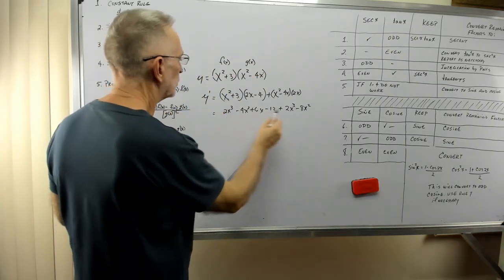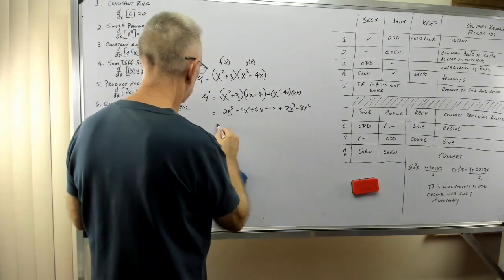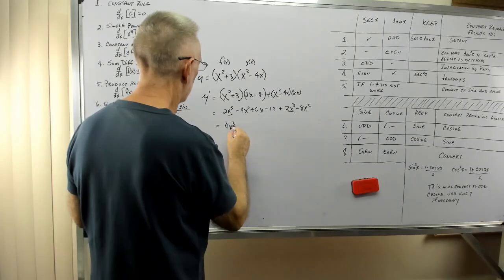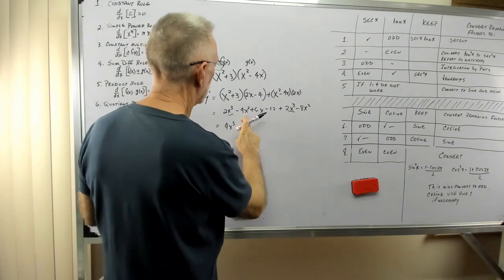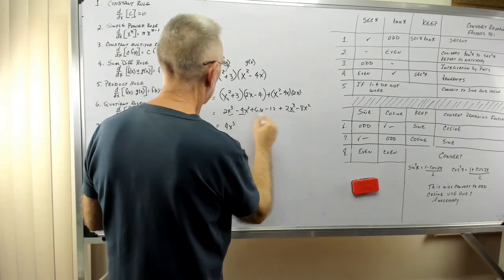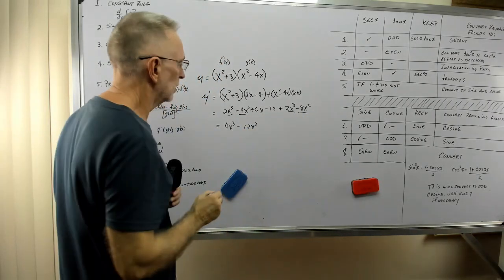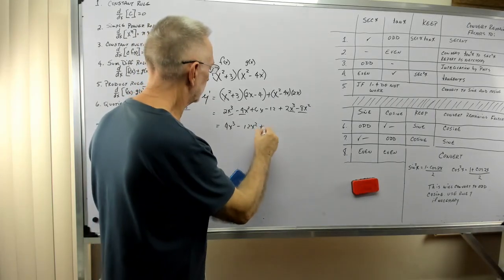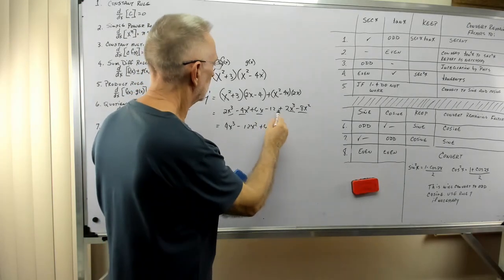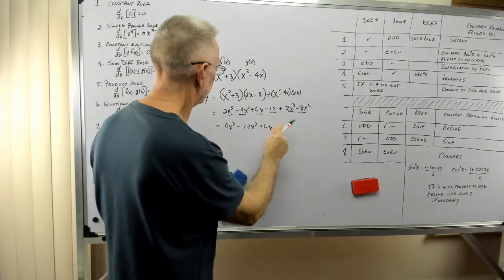All right, 2x cubed, that's 4x cubed minus 12x squared plus 6x minus 12.